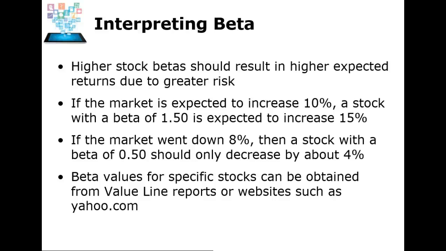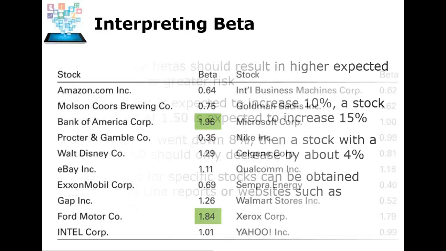And beta is really easy to get through Yahoo Finance or most financial sites. I'll show you. A lot of times it's either in the key statistics on Yahoo Finance or even on the main quote. I know it's definitely in key statistics.